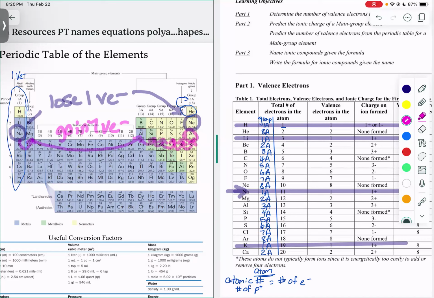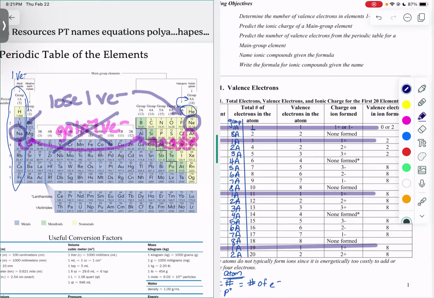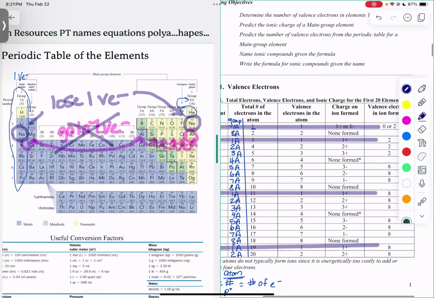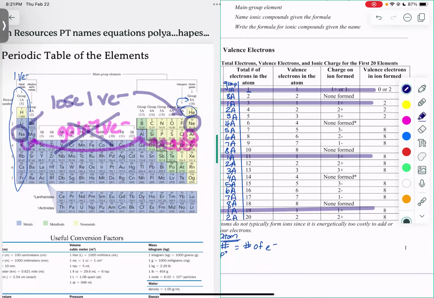That's a lot of work. And remember I said in class, elements are lazy. They're not going to do work that they don't have to do. So sodium is going to do the easy thing, and it's going to lose 1 valence electron. When it loses a valence electron, the charge on the ion that is formed, got to think about this. Okay, if we have sodium, let me get a pen.